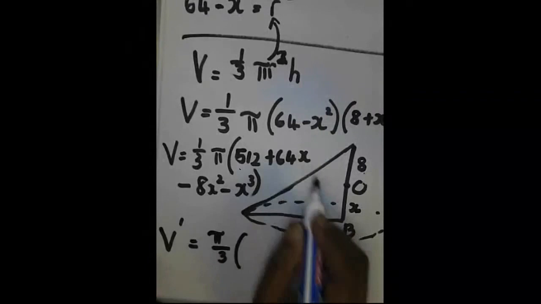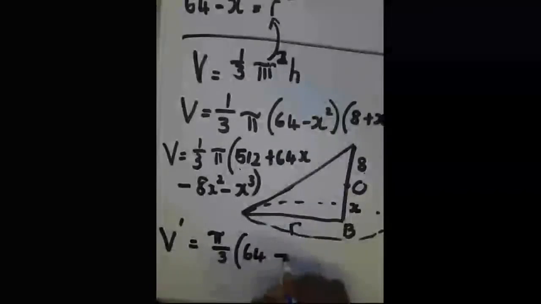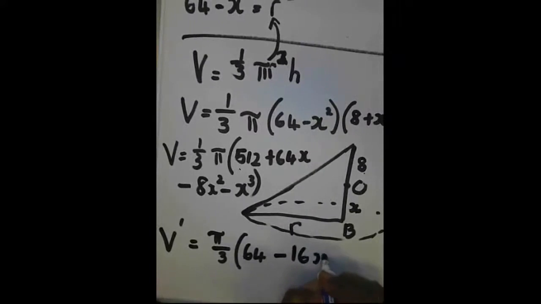And I take the others. So the derivative of everything here is going to give me 64 minus 16x minus 3x squared. I take the derivative.